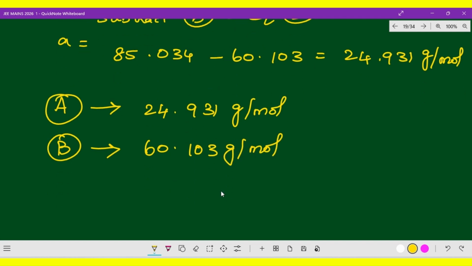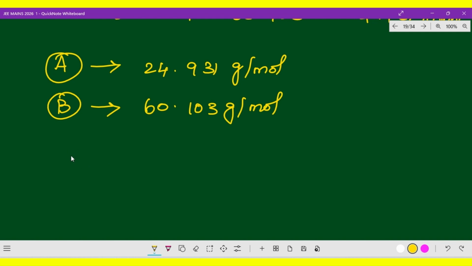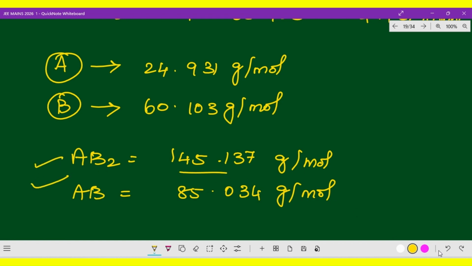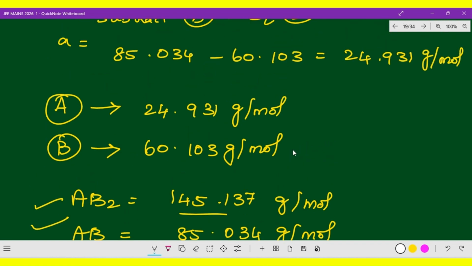They are asking about AB2, so the molar mass of AB2 is 145.137 gram per mole, and AB is 85.034 gram per mole. I hope you got the clear idea. This is the answer, an integer; you can write it. There is no option, so you have to bring the answer in integer form. I hope you got the clarity about all these points.